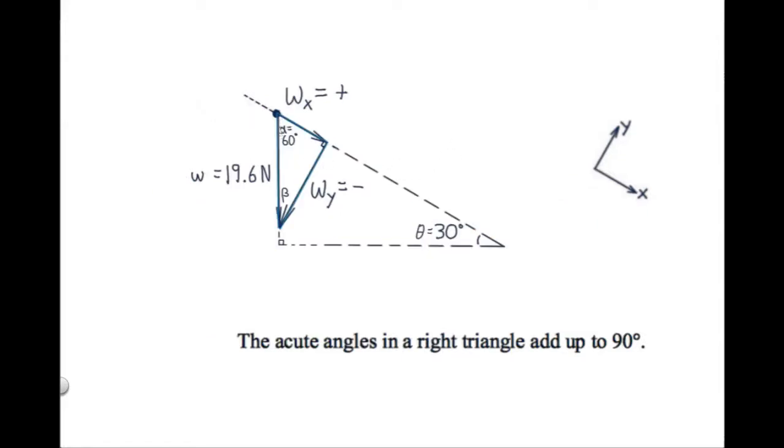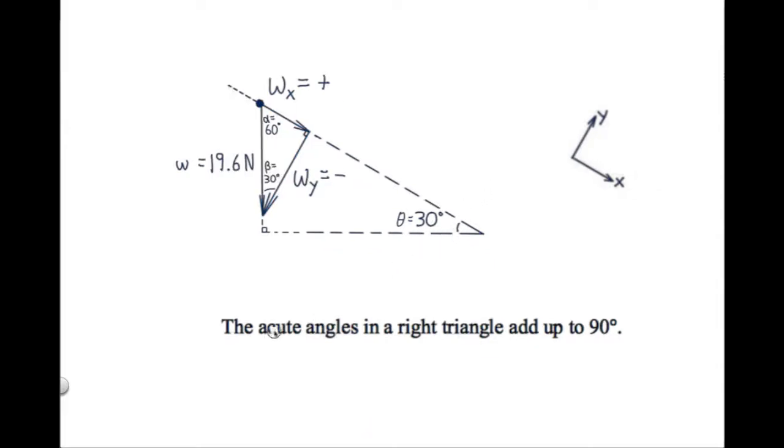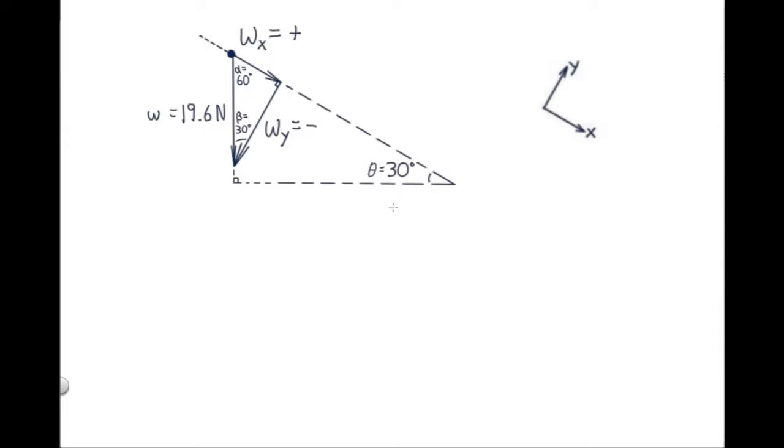Now we examine this smaller right triangle that I've outlined in color. The acute angles in this new smaller right triangle are alpha and beta. That tells us that beta is 90 minus 60 degrees, so beta is 30 degrees. So we applied this rule. The acute angles in a right triangle add up to 90 degrees. Now we're ready to apply SOHCAHTOA.